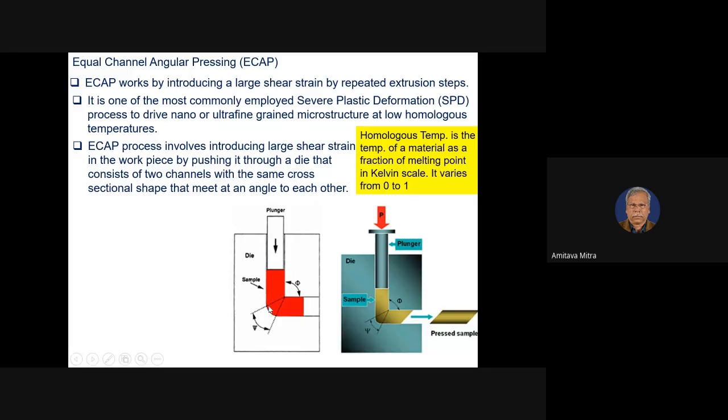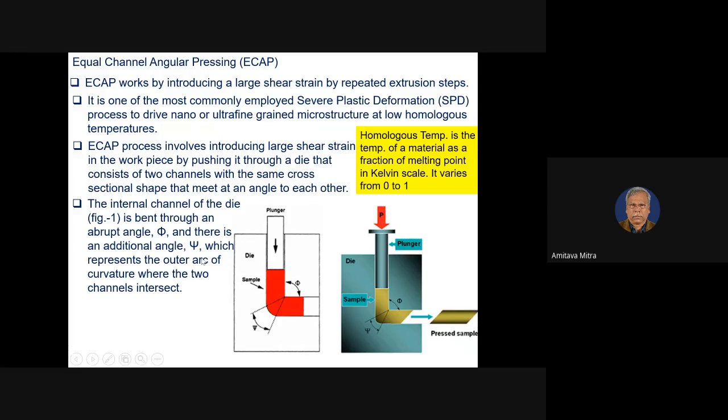This is the die, and there is a hollow region in the die that consists of two channels with the same cross-sectional shape that make an angle to each other. The two angles are very important here. One is this angle phi and one is the angle psi.